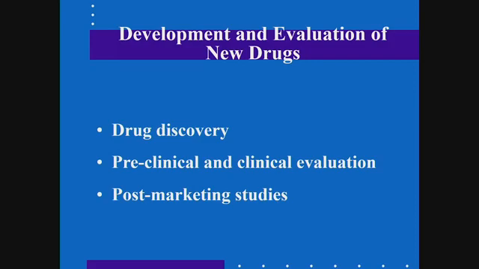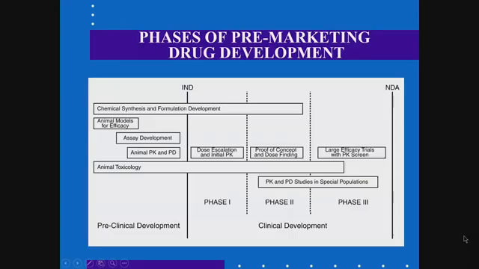But then we also have post-marketing studies. Once the drug enters the market, we continue to evaluate for the possibility of rare adverse drug reactions that were not discovered in the pre-approval stage, and also performing studies in special populations like the elderly and in children.